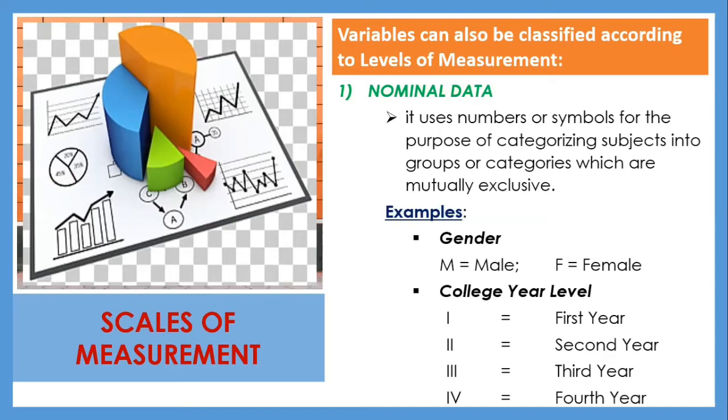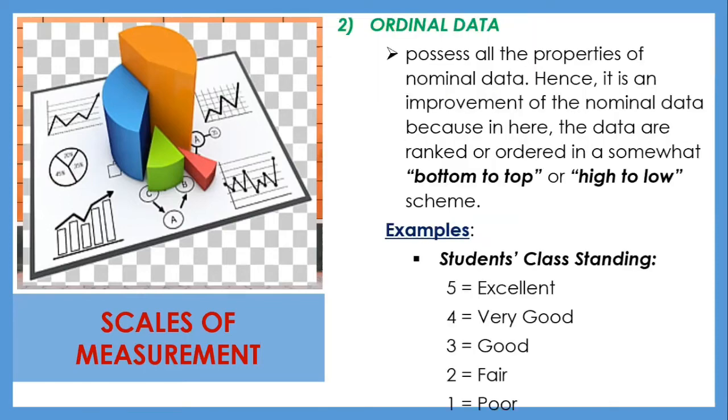On the other hand, we have ordinal data. Ordinal data possess all the properties of nominal data, and therefore, it is an improvement of the nominal data because in here, the data are ranked or ordered in somewhat bottom to up or high to low schemes. Again, in ordinal data, the keyword that we should always remember is to order.